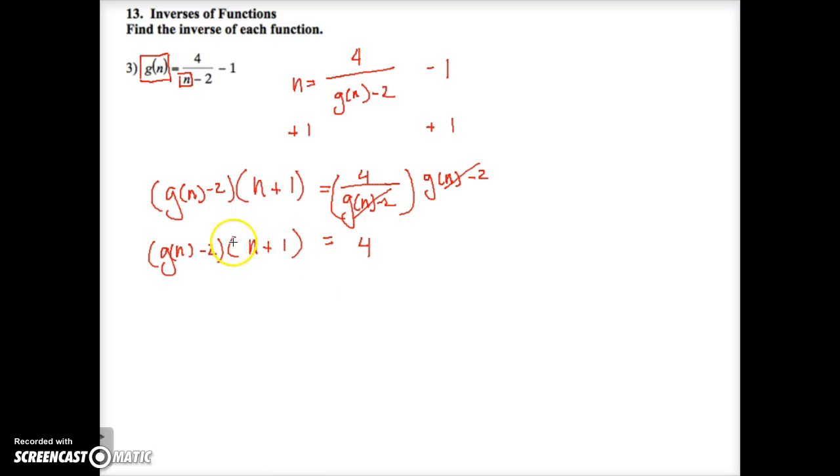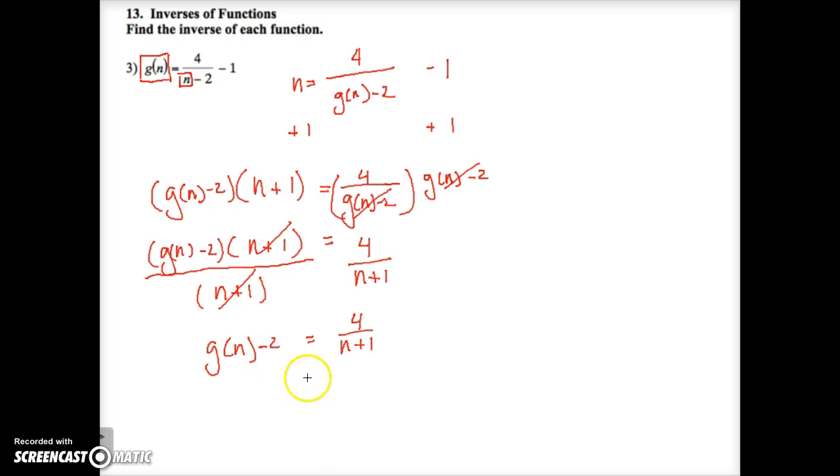Okay, now I'm going to move this factor over here by dividing both sides by n plus 1. And so that gives me a 1 on this side, and so now I have g of n minus 2 equals 4 over n plus 1.